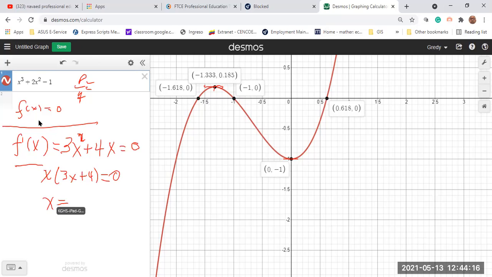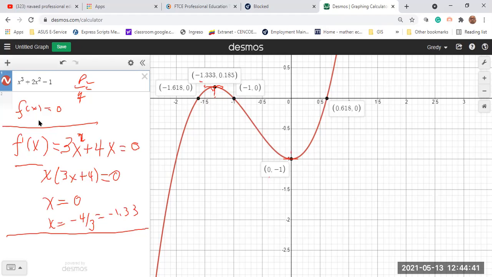One solution is x equals 0, right? The second solution is x equals minus 4/3. Here x is 0, and here it is minus 1.33. That's exactly this one here. You see? So that works with the calculus part.